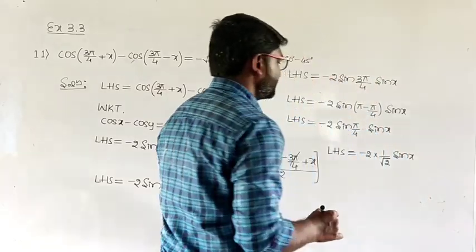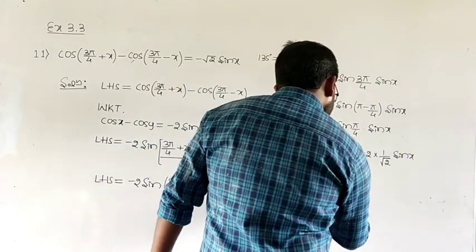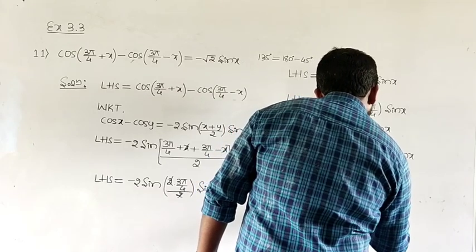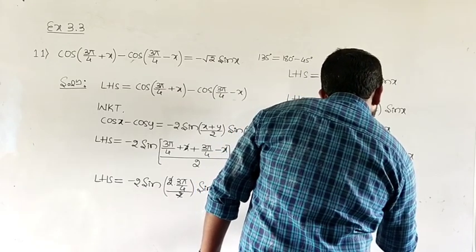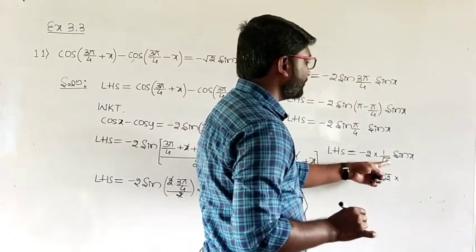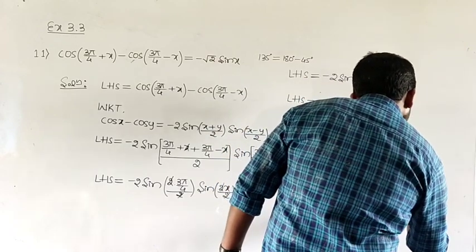Now 2 can be written as root 2 into root 2. Minus 2 I write as root 2 into root 2, then into this 1 by root 2, into sin x.